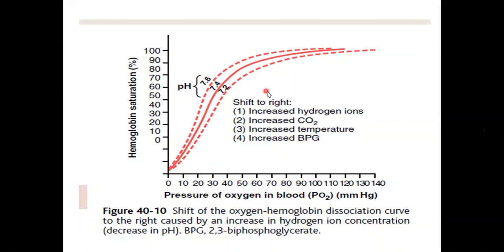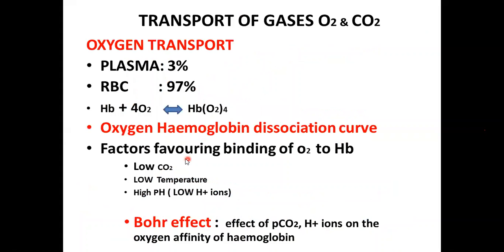Now let us see what are the factors that are favoring the formation or the binding of oxygen to the hemoglobin. You see, the oxygen will combine with hemoglobin at the alveoli or at the lungs. So what are the factors that are responsible for the formation of oxyhemoglobin at alveoli? One is high partial pressure of oxygen. We know around 100 mm of Hg is there in the alveoli.